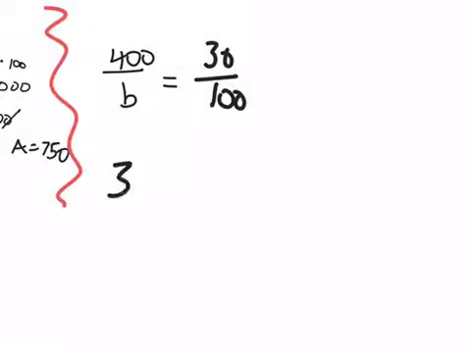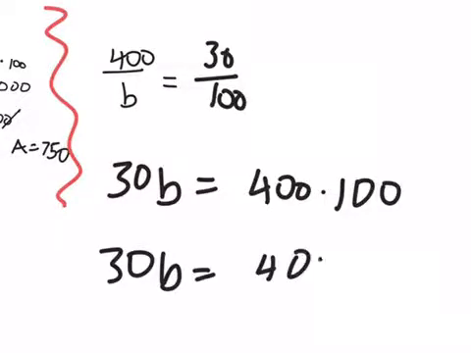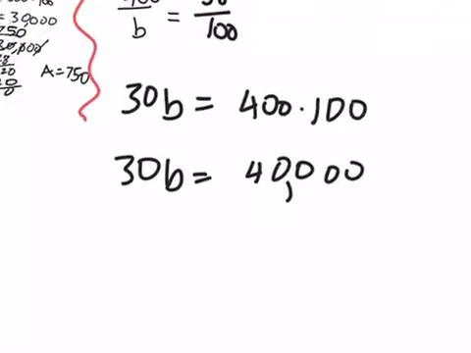So it'd be 30B is equivalent to 400 times 100, which would be 30B is equivalent to 4000, which in this case would be 40,000.